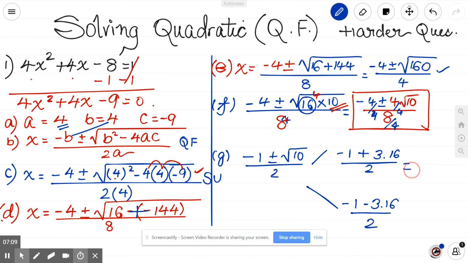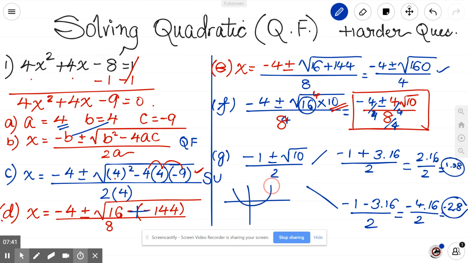So I can eventually solve this and get the answer. It will be 2.16 over 2, and this will be negative 4.16 over 2. So this will be 1.08 and this will be negative 2.08. So these could be my two x-intercepts on the graph where they are crossing the x-axis.